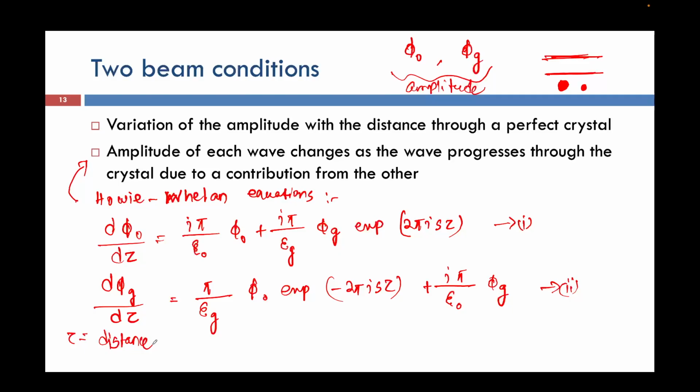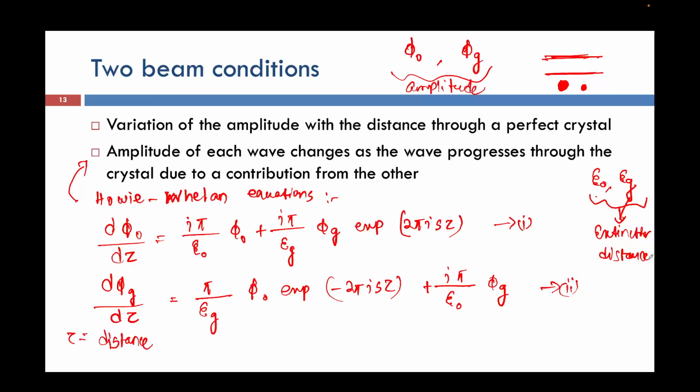So here epsilon 0 and epsilon g, these are related to terminology. This epsilon g is called the extinction distance. So this is the extinction distance corresponding to the diffracted beam, and epsilon 0 is the extinction distance corresponding to the direct beam.